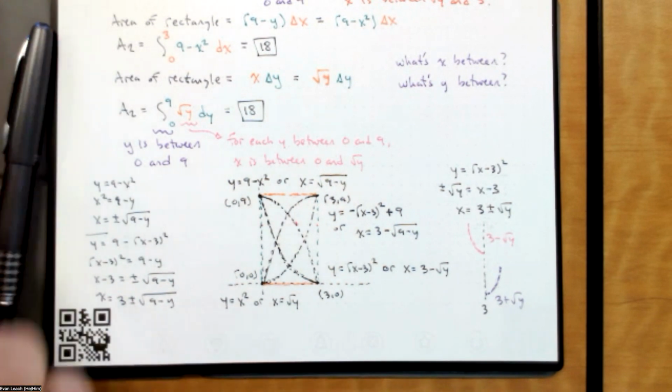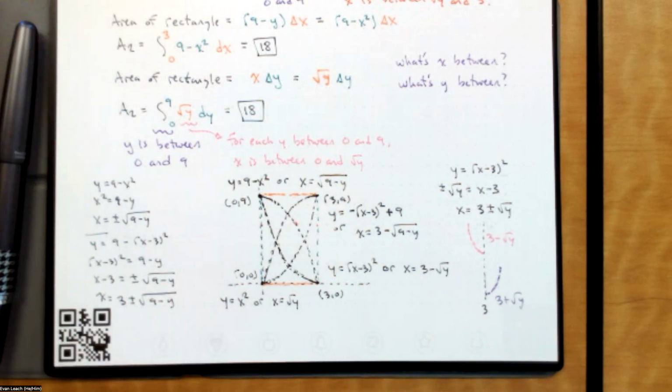Here's a vertex at 3, 0. How's everybody, right?